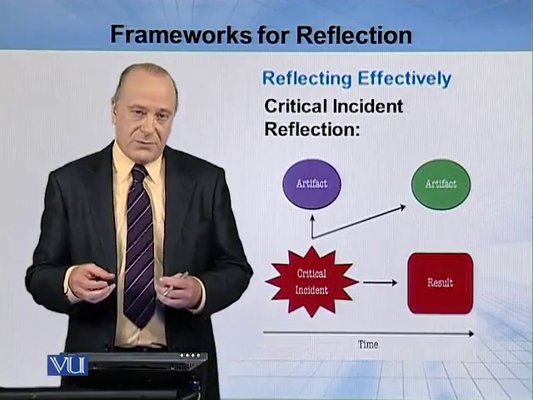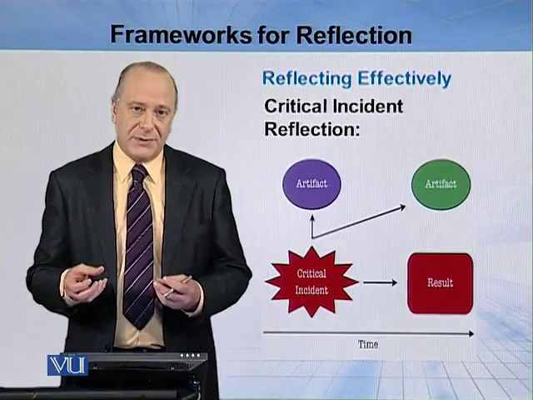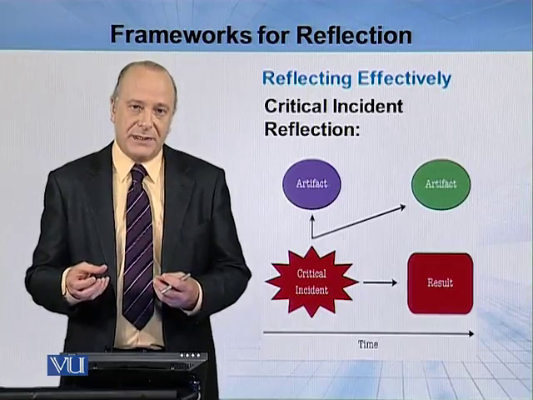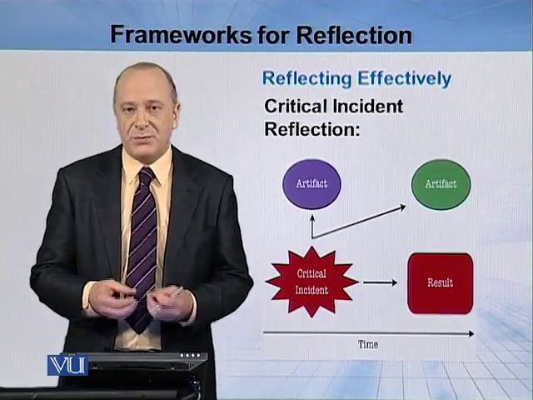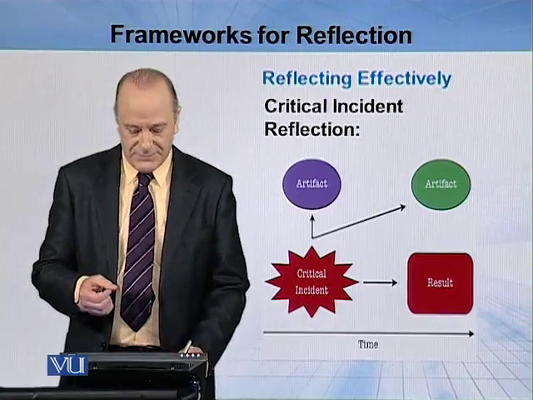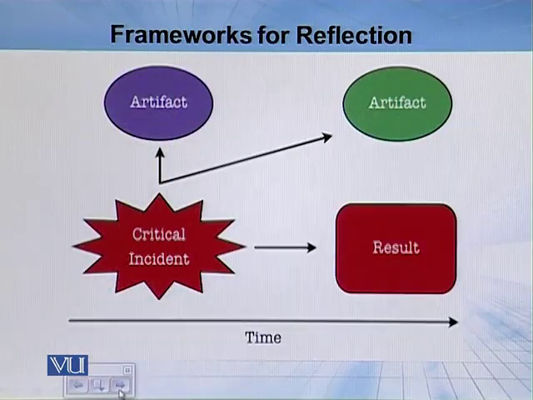And therefore, we can diagram this process of critical incident analysis within the Professional Development Journal. And what we can see is that there is a critical incident which generates certain artifacts. Artifacts are what we write about in the Professional Development Journal, the what, so what, and now what framework that we use.